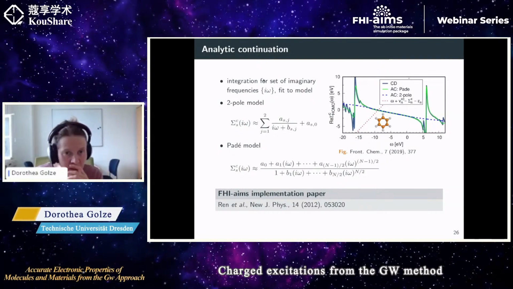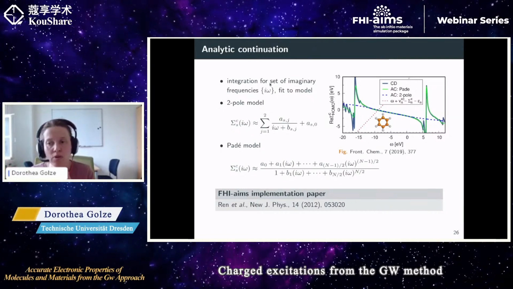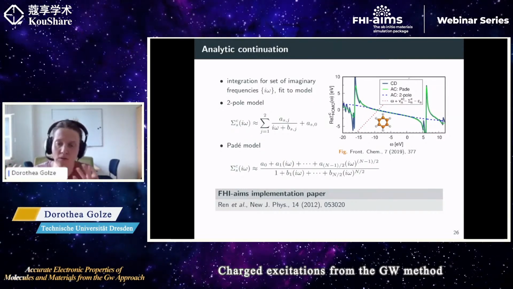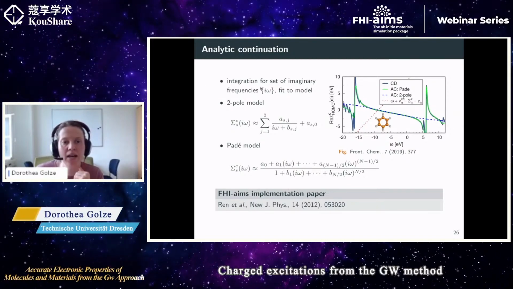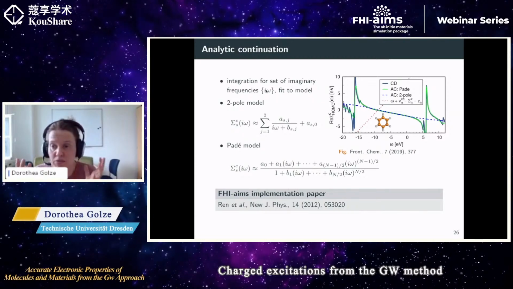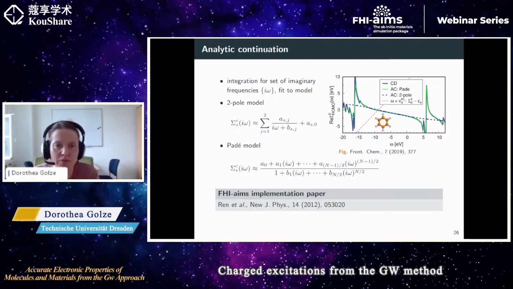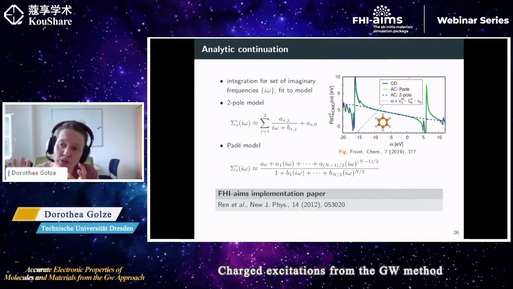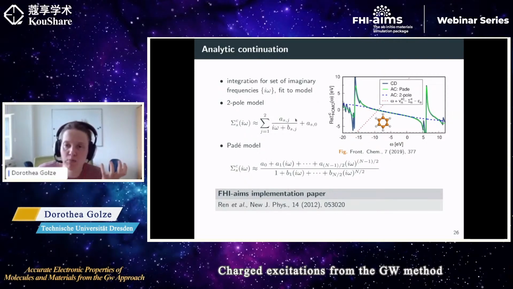The idea is that the self-energy has a smoother structure for imaginary frequencies compared to real ones. You see here, for the real ones it has a lot of structure. And the idea is to have a set of reference frequencies, let's say 200 imaginary frequencies, calculate the self-energy for each of these frequencies, and then perform a fit to some analytic model which has poles.